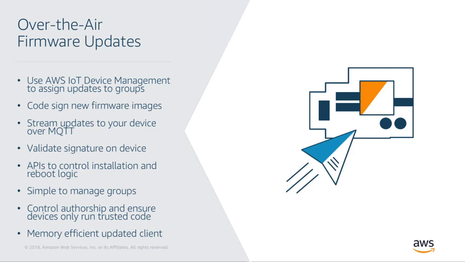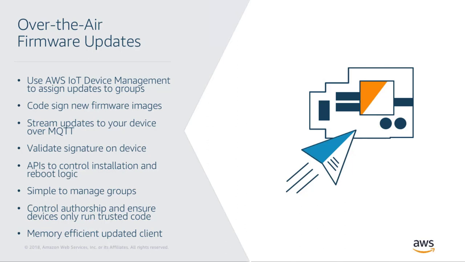The third attribute is scalability. Device fleets often contain thousands or millions of devices and can be divided into groups for updating purposes. All this can be done by using AWS IoT Device Management. And the last important property is frugality. Microcontrollers, as we mentioned, have limited amounts of RAM.